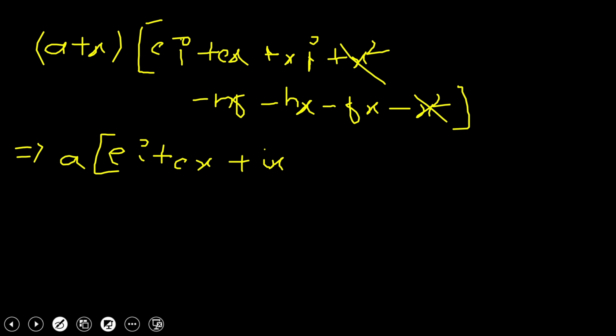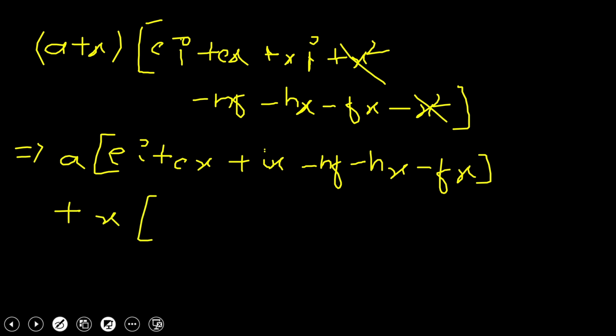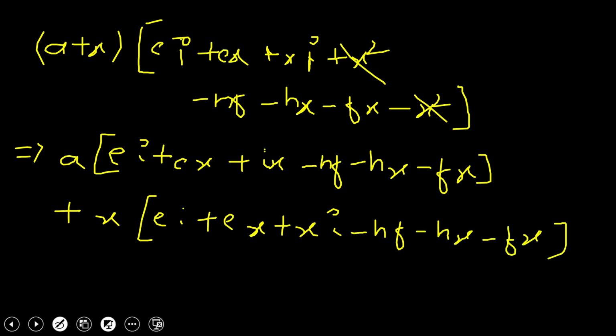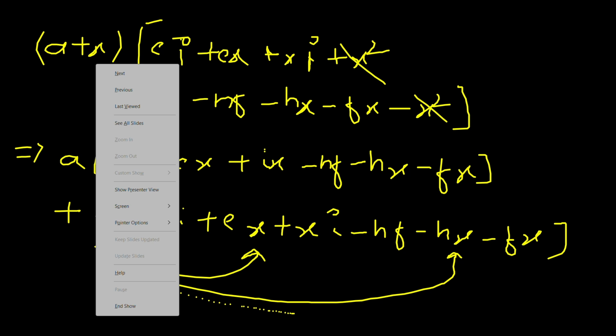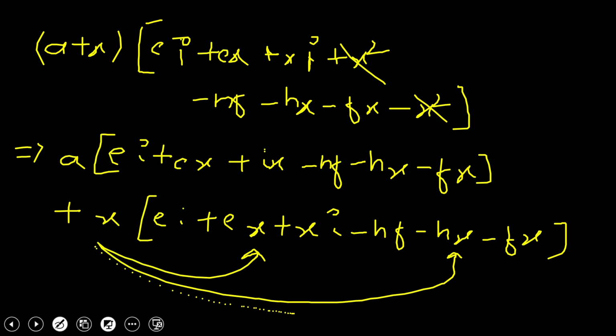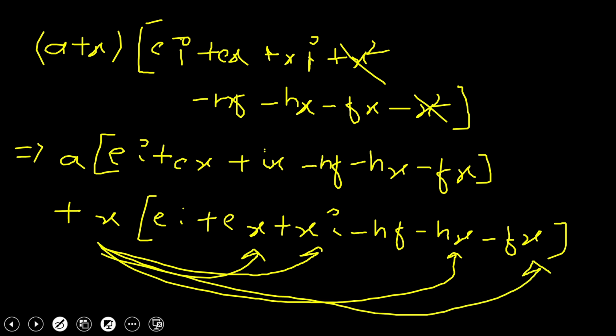This is I. If you multiply this and this and this and this, these four elements, it will be the coefficient of x square.